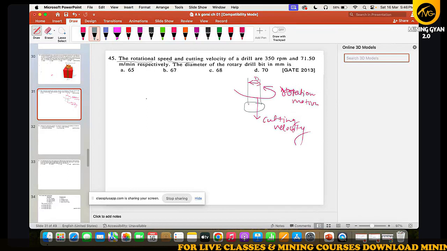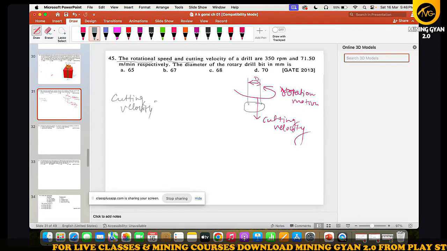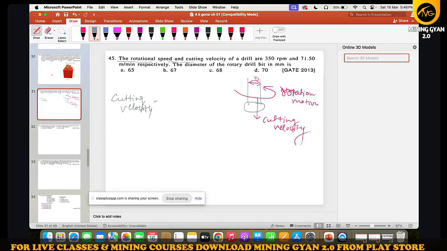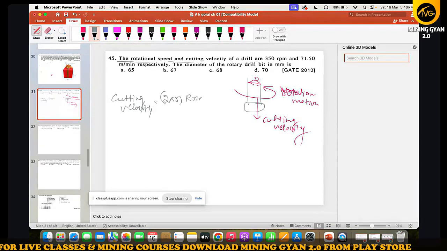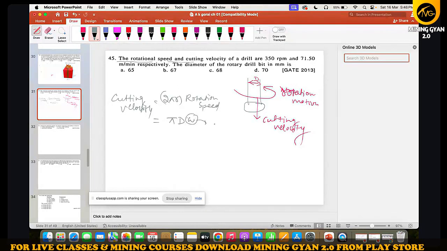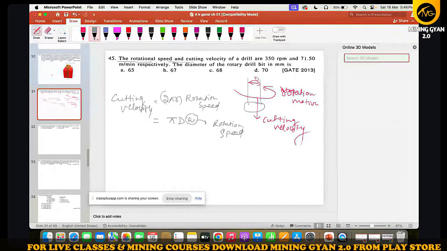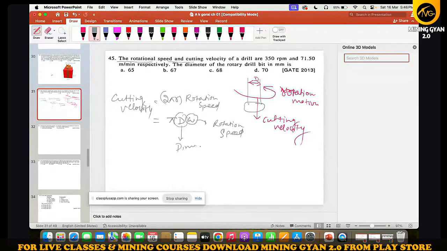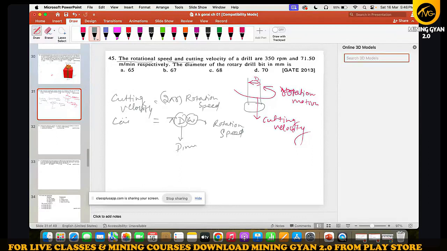So for this cutting velocity, the formula is 2 pi r into rotation speed. We can also write it as pi d into rotation speed. I am taking w. So this is your rotation speed, this is your diameter, and it is cutting capacity, cutting velocity.